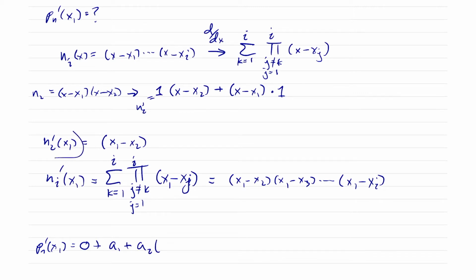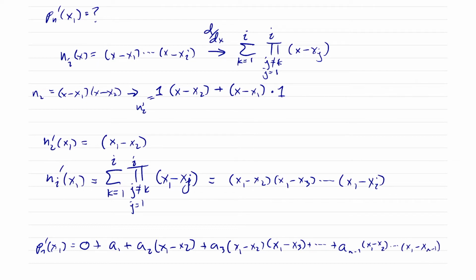Well, it is n2 prime at x1, so that's going to be x1 minus x2, plus a3 times x1 minus x2 times x1 minus x3, all the way up until we get to a n minus 1, times x1 minus x2, all the way up to x1 minus xn minus 1. So really easy to write out this derivative.